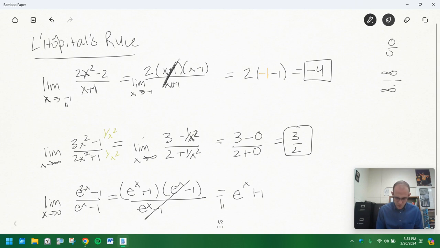And again, I'm doing the limit of all of this. I never stopped doing the limit. And plug in a 0, and I get 1 plus 1, which is 2.